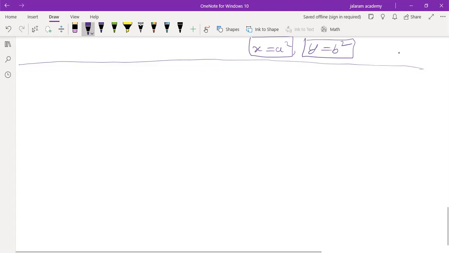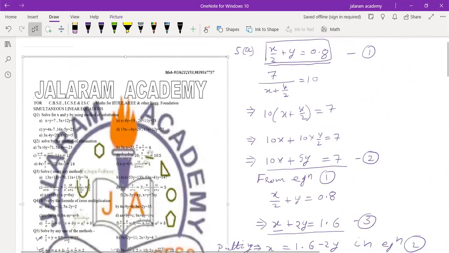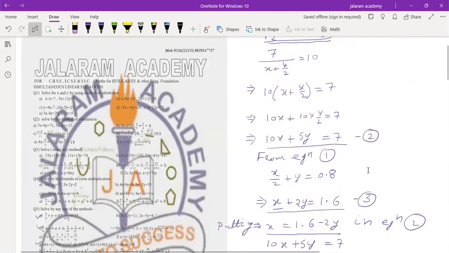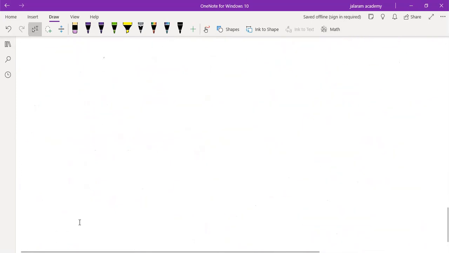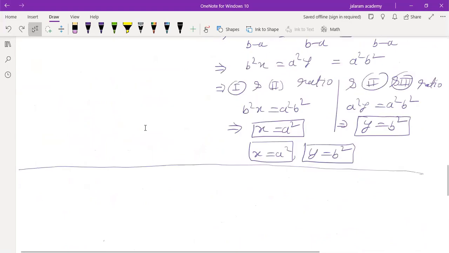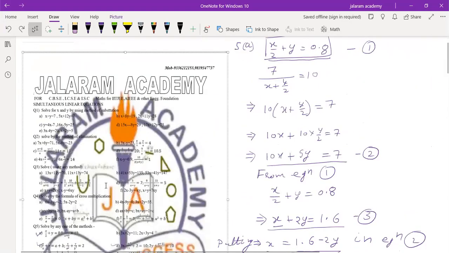Now, what is the next doubt? Will you ask all of them? Still, you will not be able to solve? What I am asking you, will you not be able to solve it still?